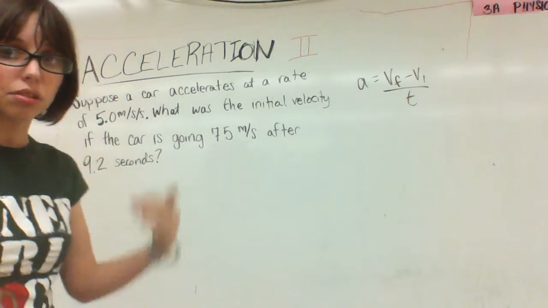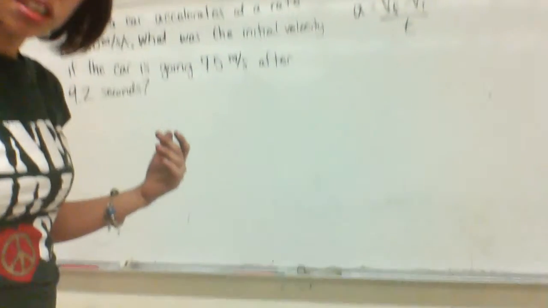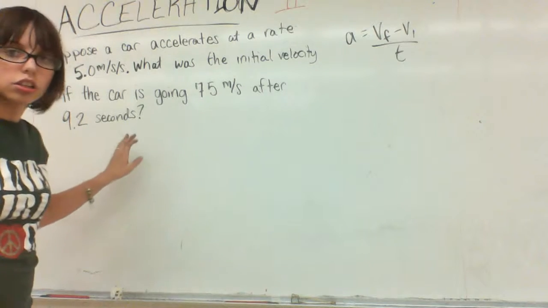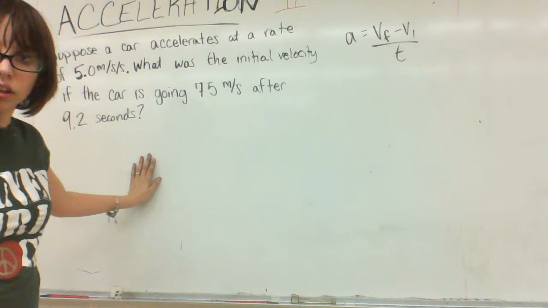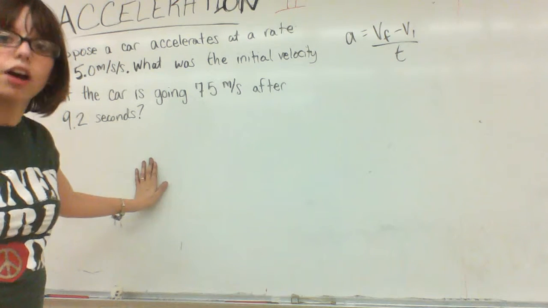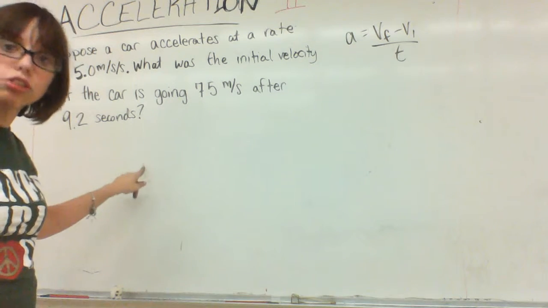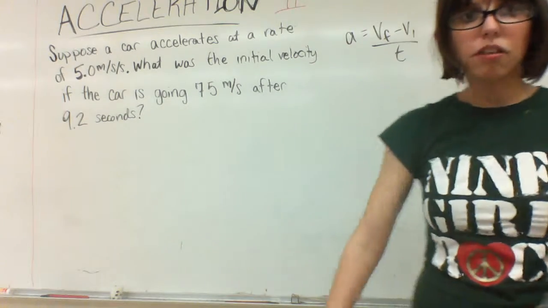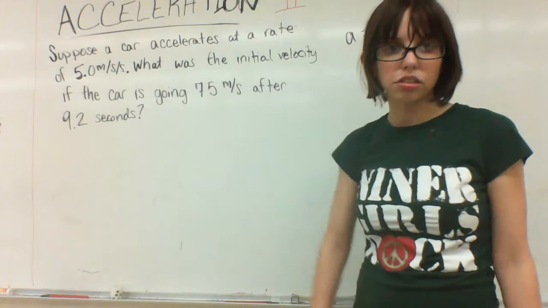So let's go ahead and get started with this problem. Remember, the first step for any problem that you are ever going to solve in your entire life is look at what you have, look at what's missing, see how you can use what you do have to find what you don't have.